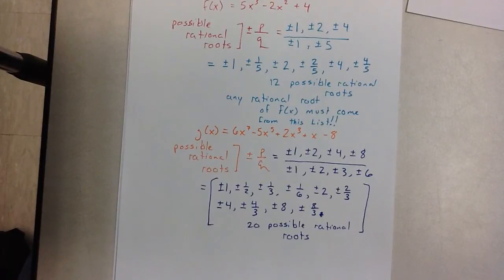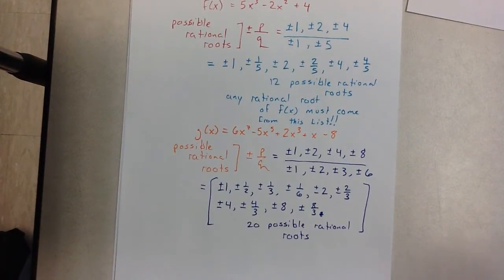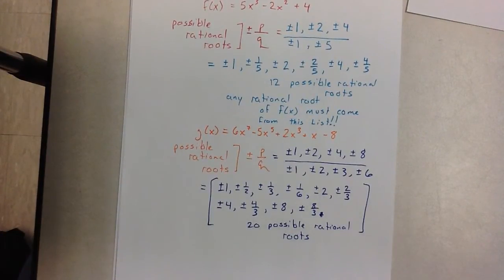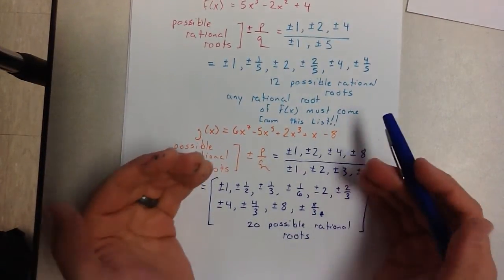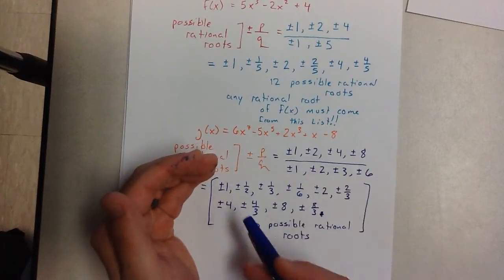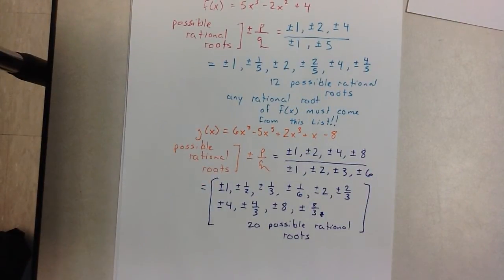Okay? So let's look at a situation where we have a polynomial and we look for how many zeros exist, what type of zeros exist, the possible rational ones, and how we narrow that list down. Because we have 20 here, how do we narrow that 20 down to something more manageable? Okay? So let's do that using this function.